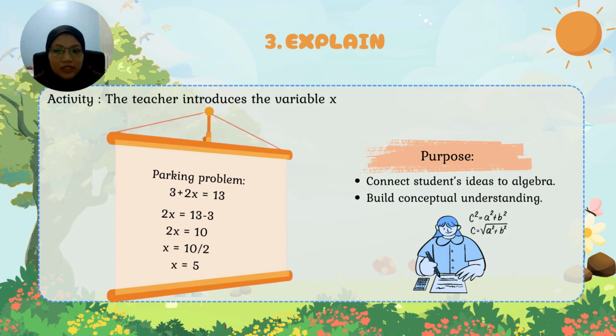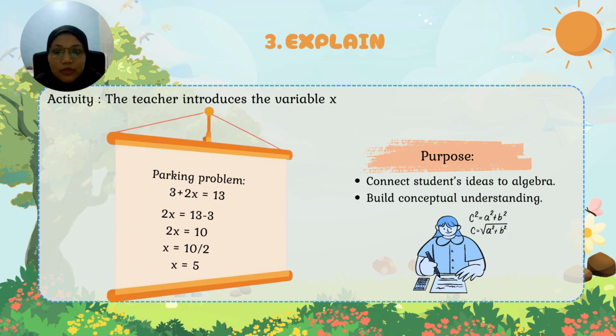So, 3 ringgit is the fixed parking fee, 2 ringgit is the subsequent parking fee per hour, which cost 13 ringgit. So, I will solve the unknown, that is the variable x: 2x equal to 13 minus 3.